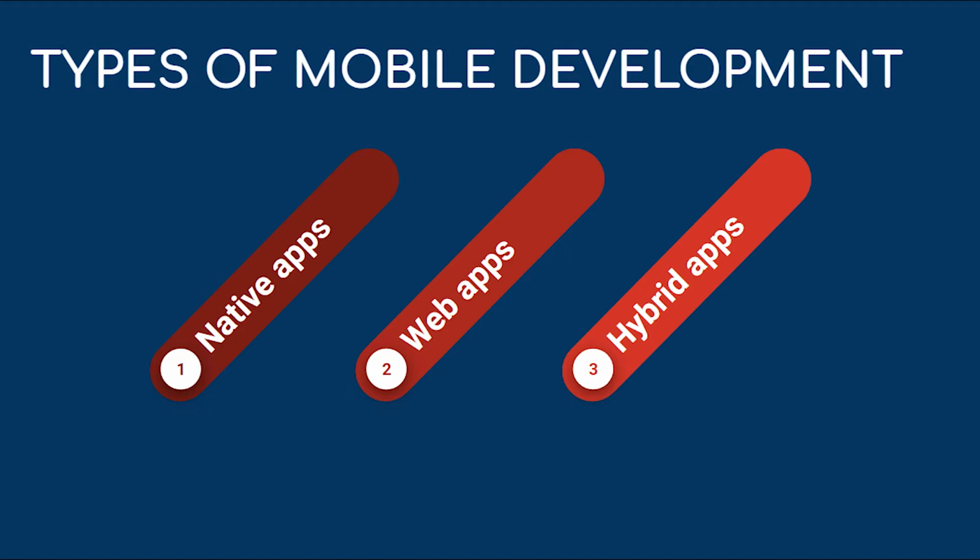Then there are web applications. To develop web applications, developers generally use web technologies. And the third one is hybrid apps, which are a combination of native applications and web applications. In this course, primarily we will learn native applications.